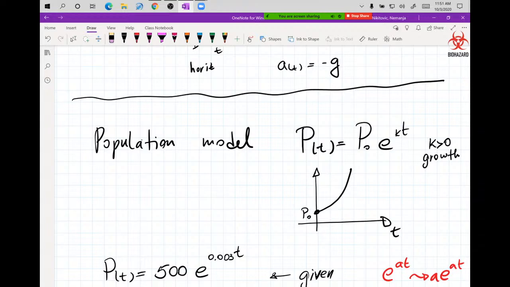Less people you have, population grows slower, because simply more people, more pairs, more babies. Less people, less pairs, less babies, right? There is a limit of how many babies people can have in a period of time, right? You can't have a litter of 25. That's not possible.